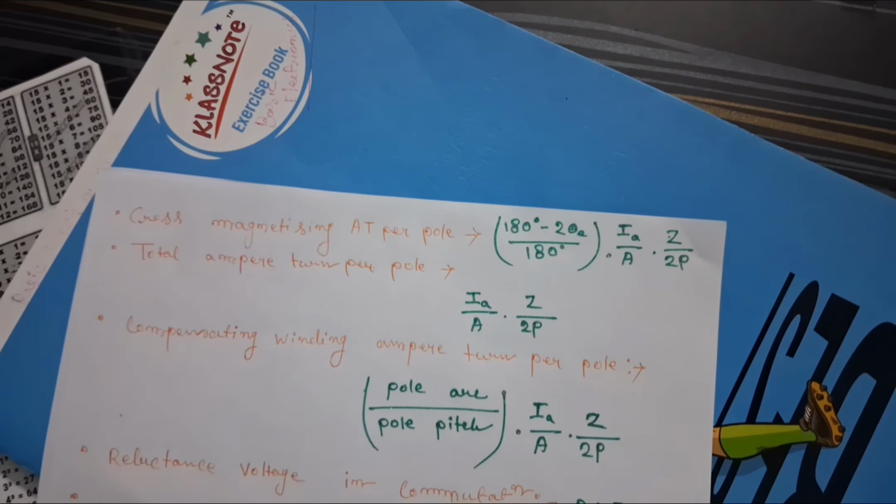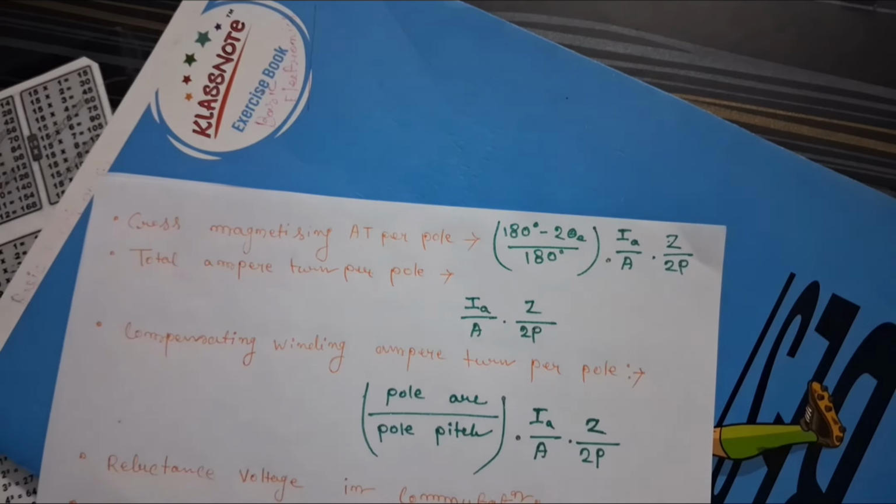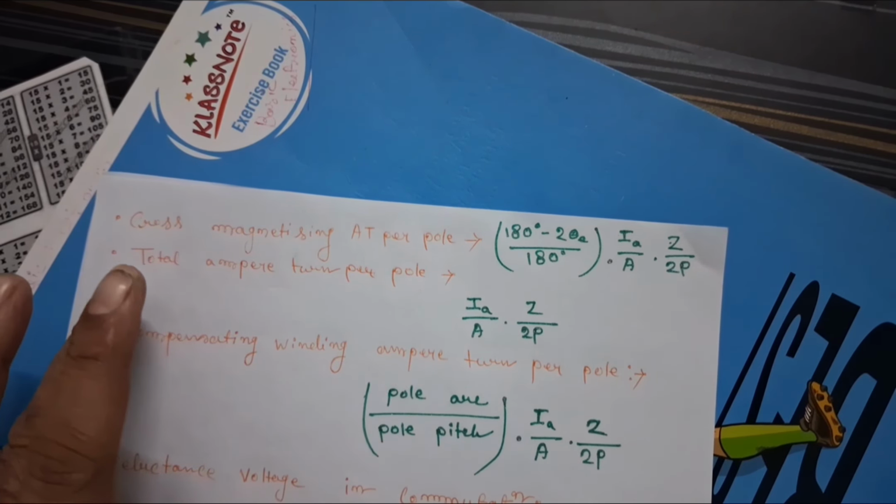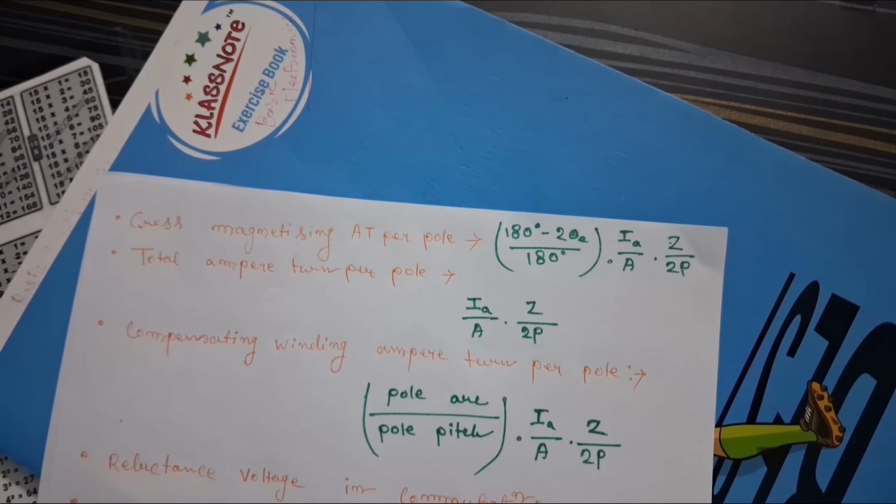Total ampere turn per pole is equal to Ia by A into Z by 2P. You can notice that the sum of demagnetizing ampere turn per pole and cross-magnetizing ampere turn per pole is equal to total ampere turn per pole.